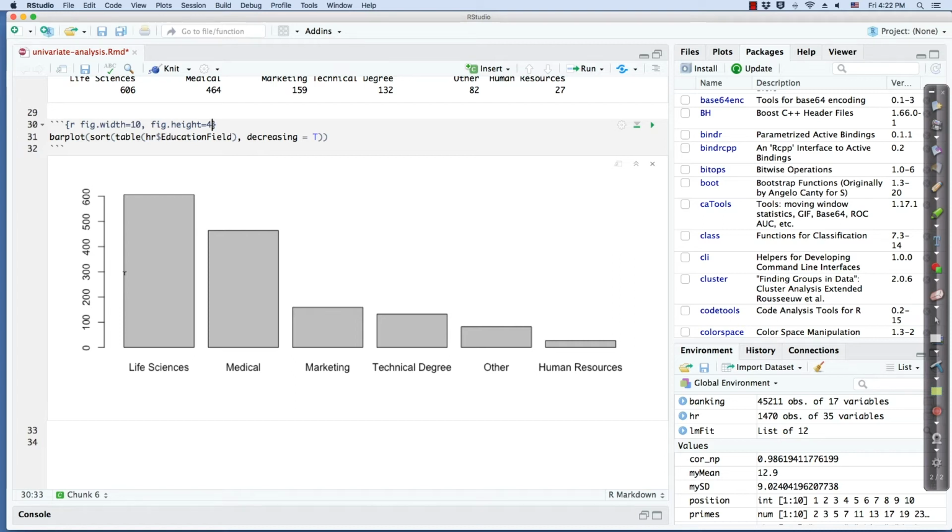A quick tip here: if the categories don't have any natural order, like our education field, we can sort the bars in descending order so that we can quickly identify the most common categories. After sorting, it will be very easy to interpret.